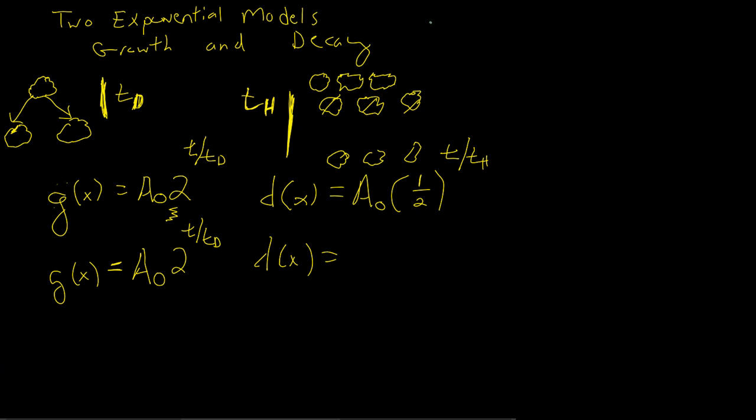Well, what is 1/2? 1/2 is 2 to the negative 1. So I could say this is a to the 2 to the negative t divided by half-life. Well, this is nice now. Nicer, right? Let's notice these things are kind of sort of the same now. They've got the same base, and the only difference between t divided by the doubling time and t divided by the halving time is the sign.